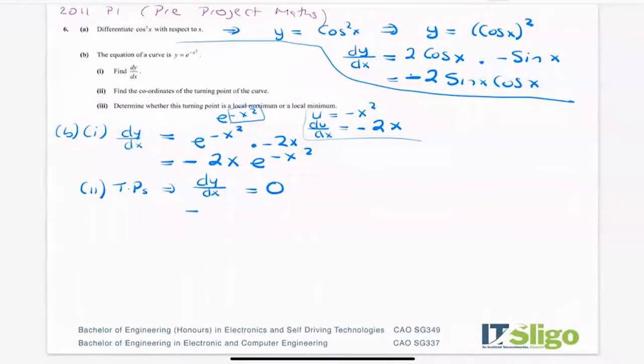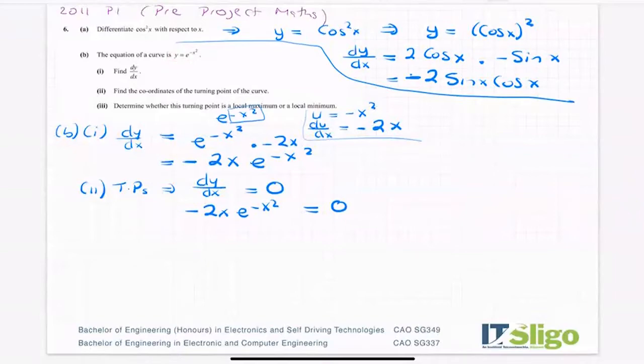So you take your answer to dy dx and you let it equal 0, and you solve it for x. And that is typically how you find out the x coordinate of your turning point. And then with that x coordinate, I go back to the original function to find my y coordinate.